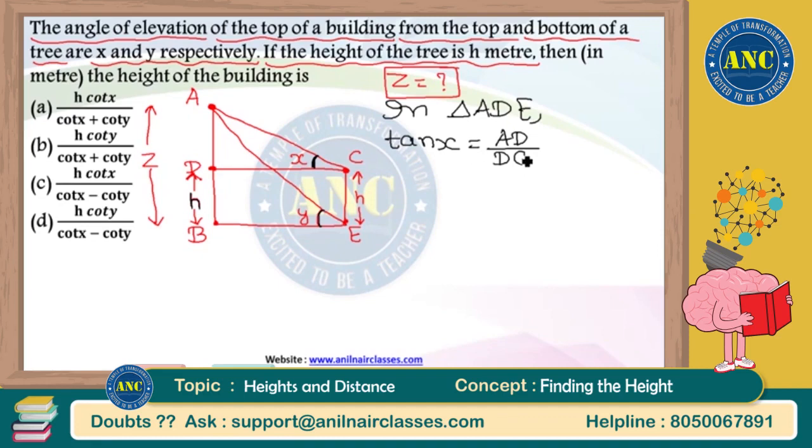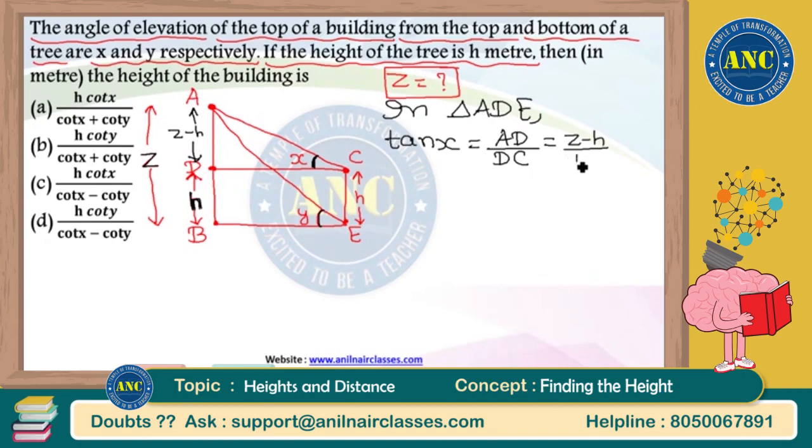Now, I don't know this AD value. AD happens to be the entire Z value subtract this h value, so AD is Z minus h. DC value, as of now, I don't know.